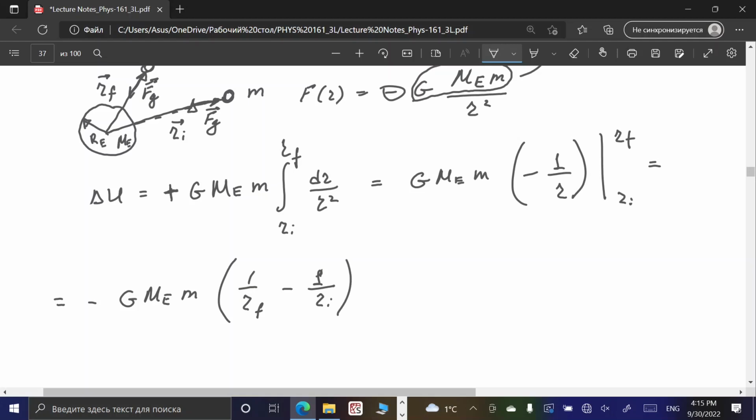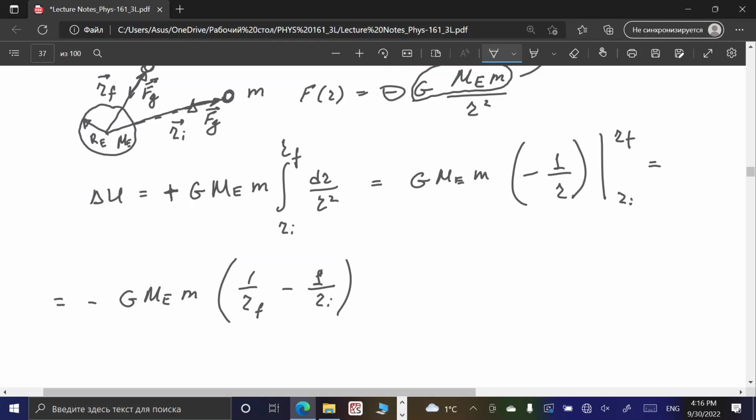So potential energy is such a parameter which we define relatively to some position, and we can set arbitrary value of potential energy with respect to given position, and then determine potential energy with respect to this arbitrarily defined value.